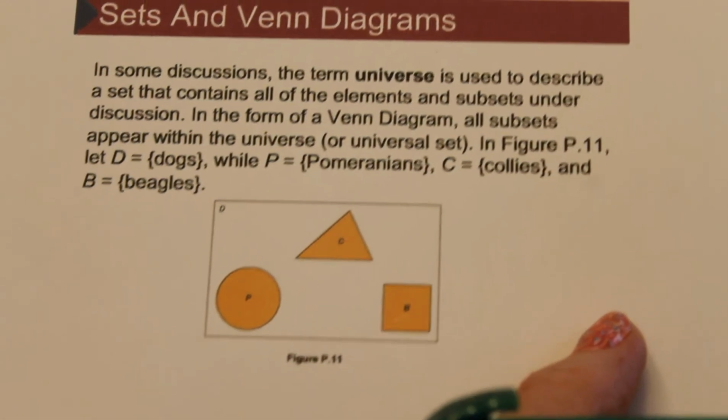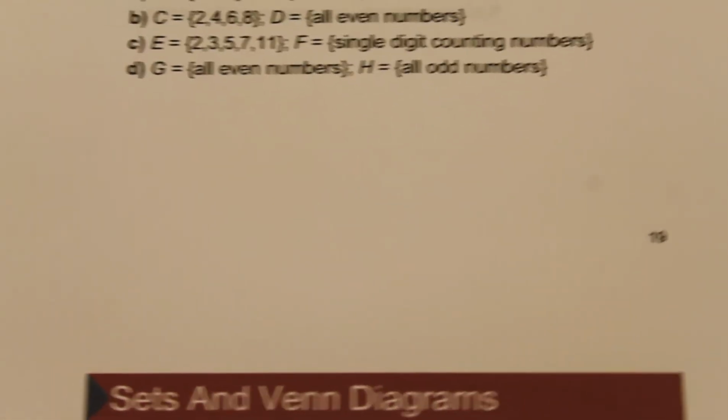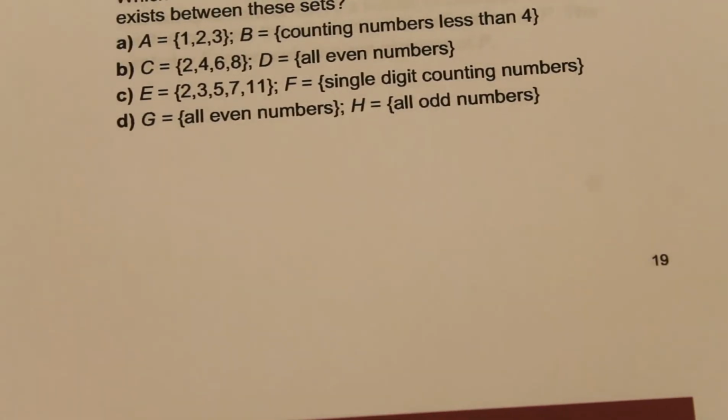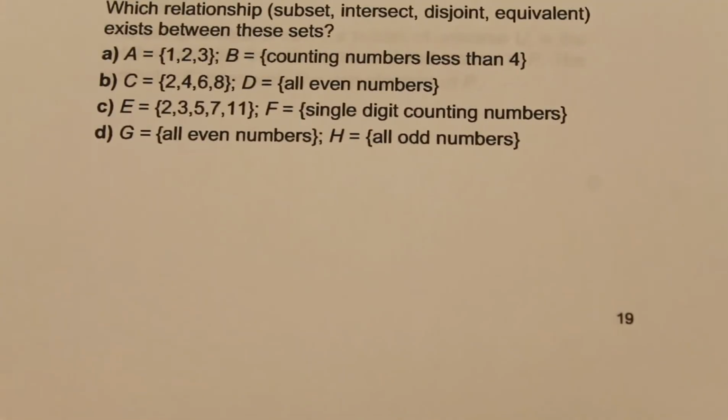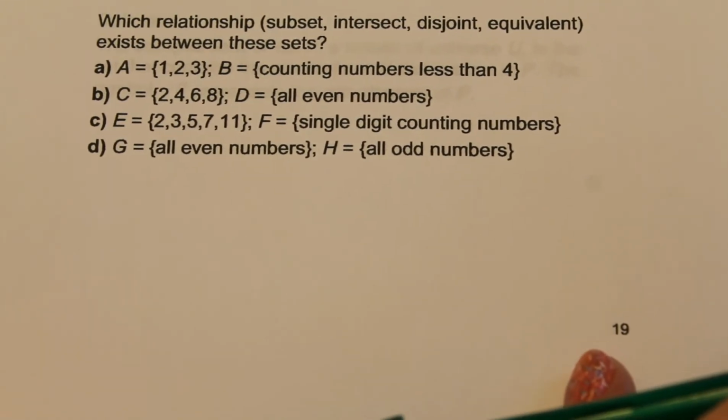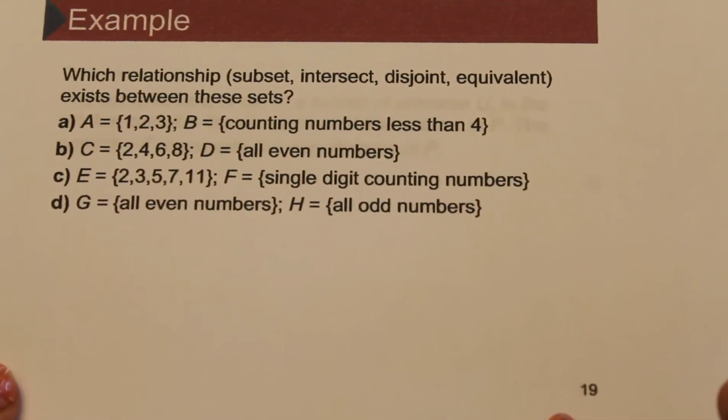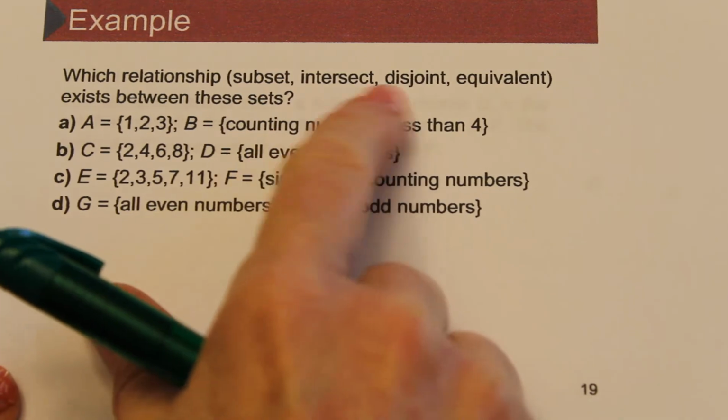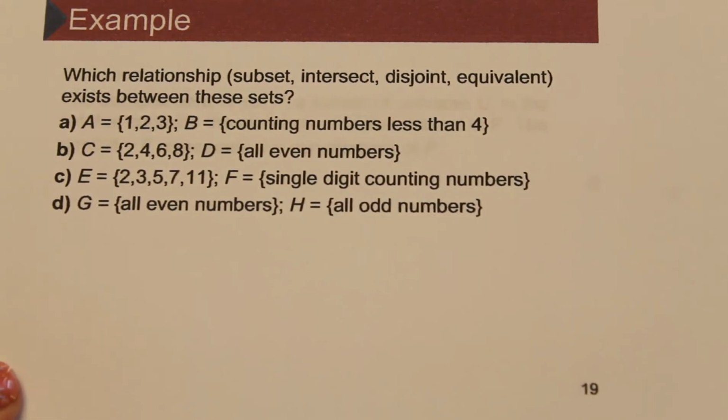All right, so let's do some examples of relationships here. We want to know if it's a subset, an intersection, disjoint, or if they're equivalent.